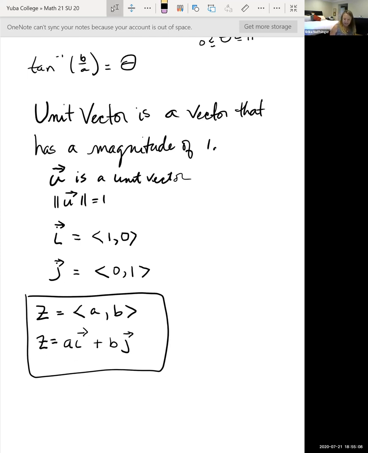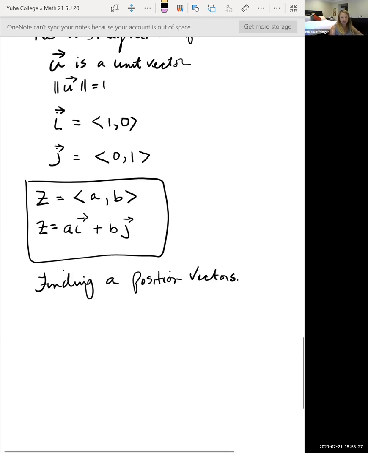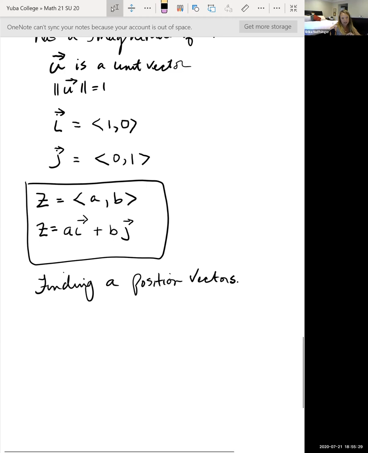Finding a position vector though, so not all vectors are where the initial point starts at the origin, and so rewriting it, because they're equivalent as long as they're the same direction and same length, finding the position vector is helpful.